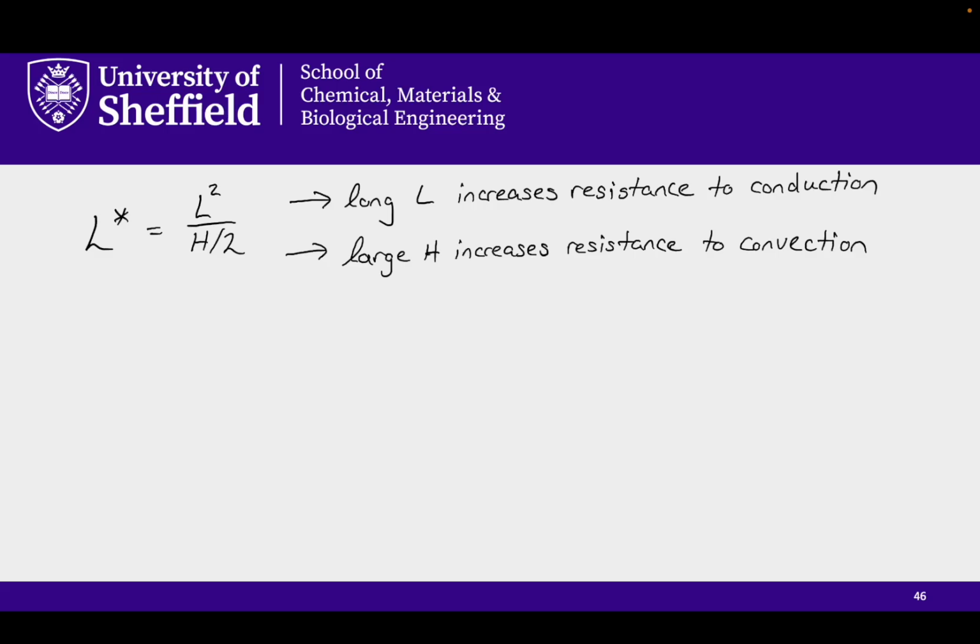And so again, we see this ratio between conduction and convection, but in this case, it's the ratio of the resistances to conduction versus the resistance to convection. A little bit confusing. If it's easier for you to think of it as the rate of convection over the rate of conduction, that's fine.